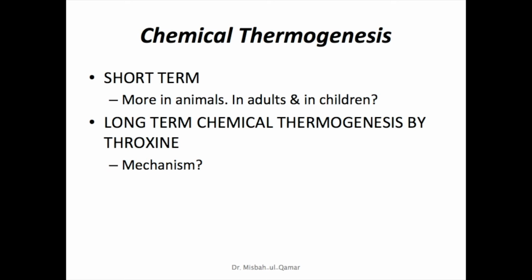Now, the release of this TSH from the anterior pituitary results in the thyroxine release by the thyroid gland, which causes increased cellular metabolism and hence heat production. But keep in mind that this mechanism requires months to develop, and it is evident after prolonged exposure to cold, and once again it is more pronounced in animals and Inuits.